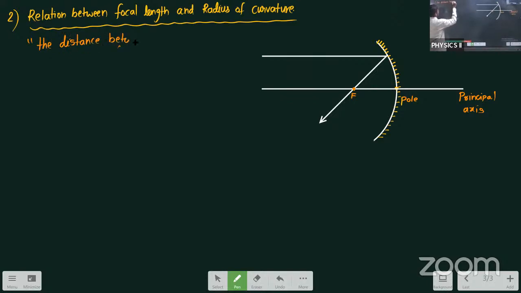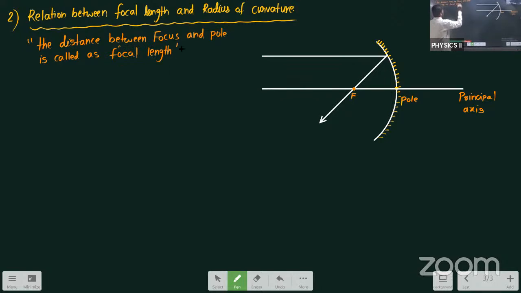The distance between focus and pole is called the focal length.